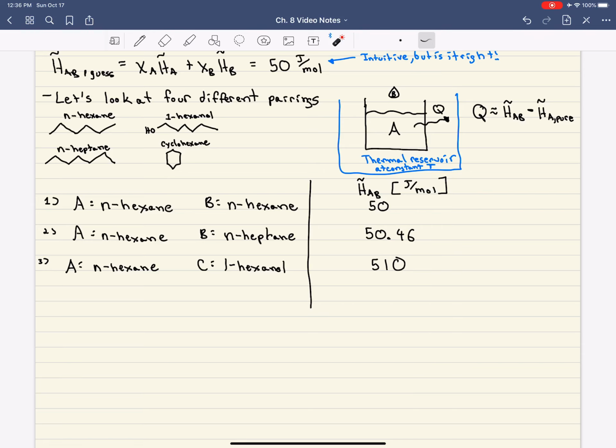But when you start adding it to a mixture of N-hexane, a lot of the molecules it's next to don't have those hydroxyls, so you lose the energy of that interaction. As a result, that energy has to go somewhere, so it gets released as heat. And so the reason you see a big difference in the HAB is due to the fact that you have different interactions between the two chemicals.